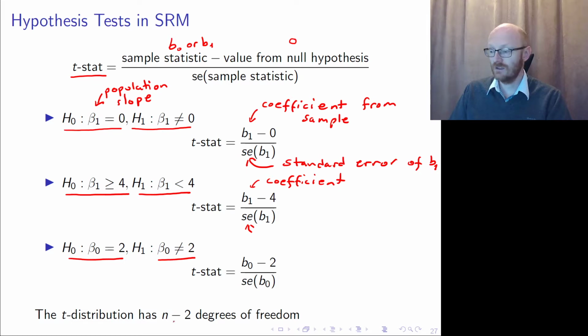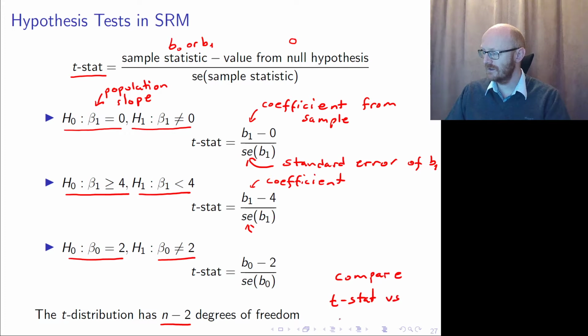And you would of course look at the number of observations to get the degrees of freedom to compare the t-stat versus the critical value.